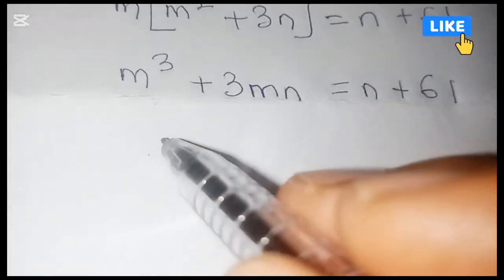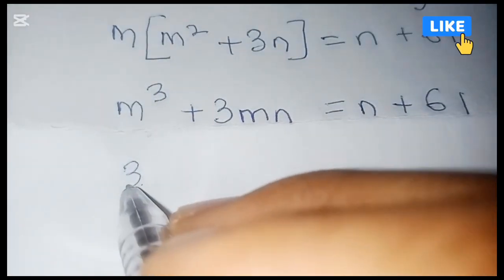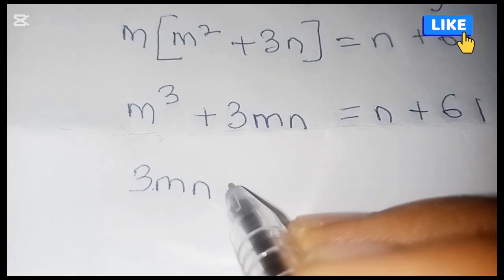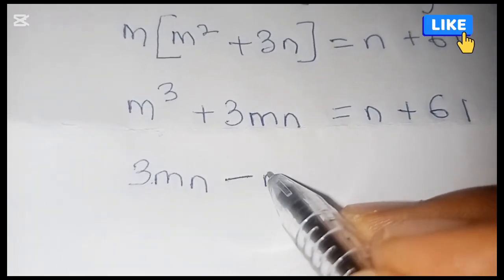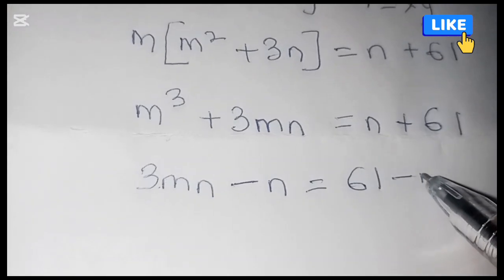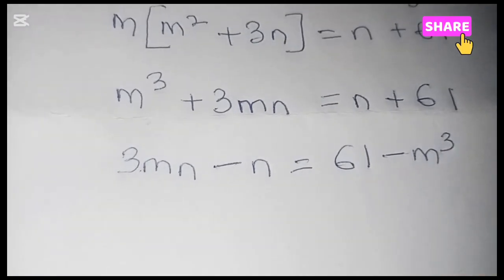So from here, we're going to move all the n to one side and the m to the other side. For us to know, the m we have is just this one. So we're moving the n to this side. This gives us 3mn minus n equal to 61 minus m cubed.